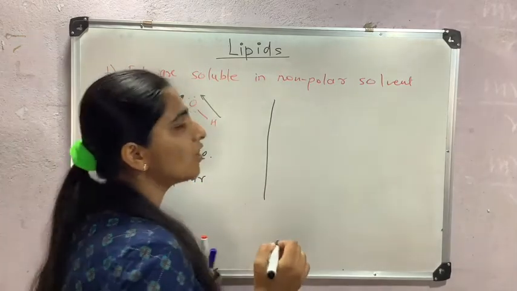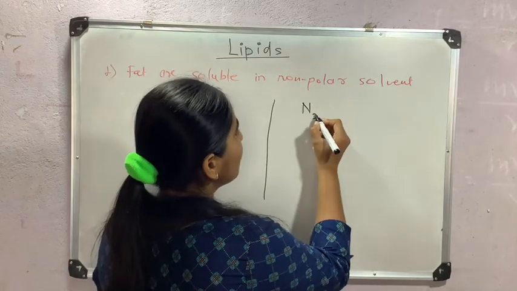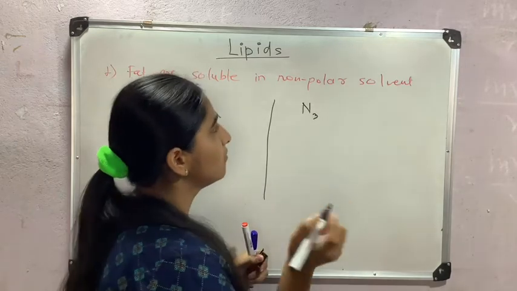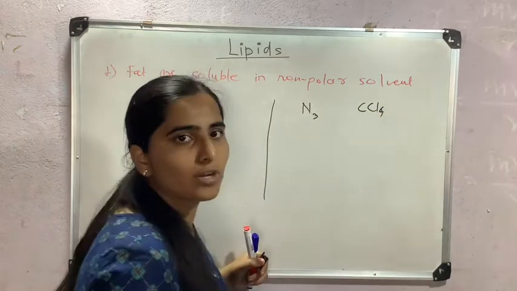And non-polar solvents, or non-polar molecules, are like CCl4, carbon tetrachloride.